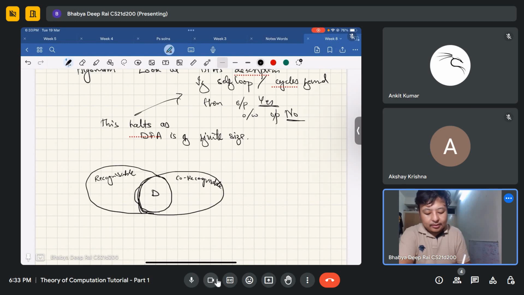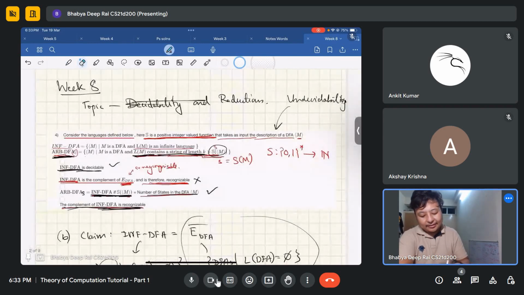So if L is here, then L bar will be here. If L is decidable, then L bar will also be decidable, so it is closed under complementation. The argument is simple: if you were to say yes, you'll just say no, and if you were to say no, you just say yes.